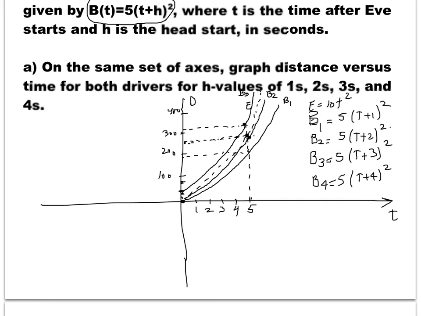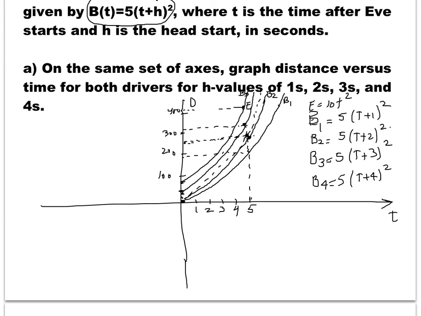So you get somewhere around here. So your graph looks like this one. So these are the 4 graphs, and you can see that the shift starting from B1 to B4 is going to the left, which explains plus h. So the shift is always left. Remember, the formula is t minus h.